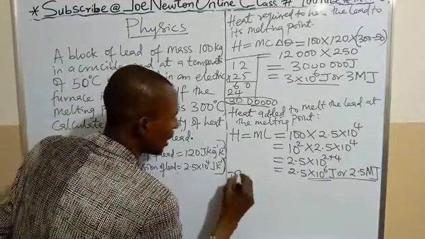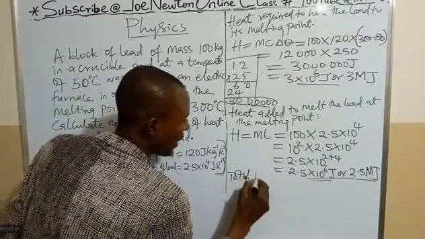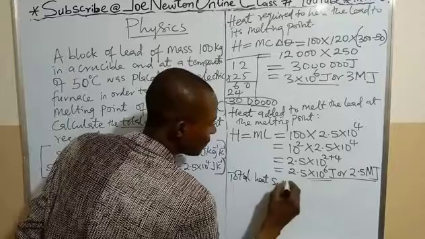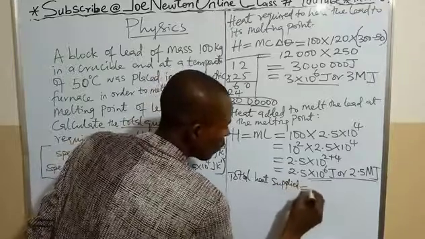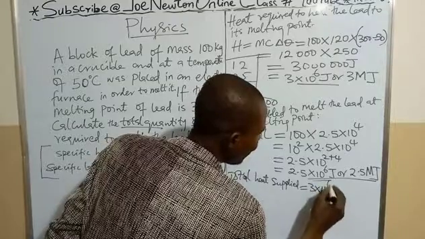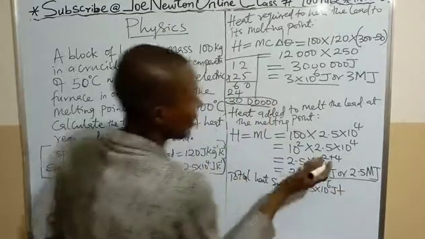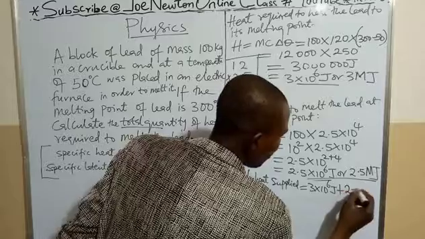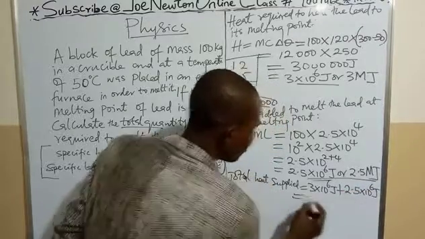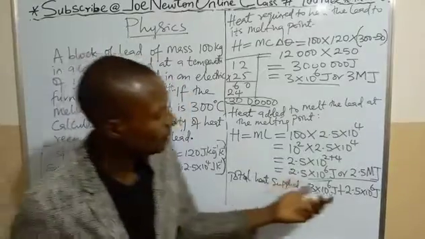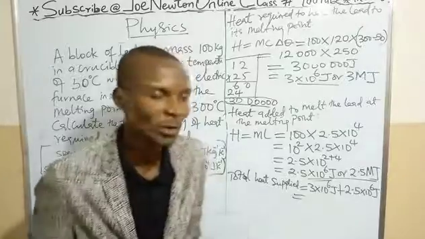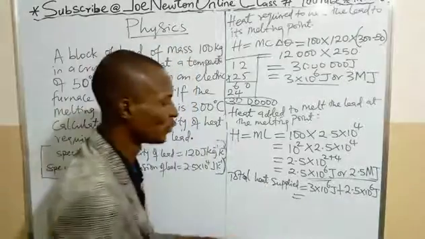Therefore, total heat supplied or required equals the first heat supplied, 3 times 10 raised to the power 6 joules, plus the second one, additional heat, 2.5 times 10 to the power 6 joules. Now, since both of them are in powers of 6, that's a million, we can simply and conveniently add them together.